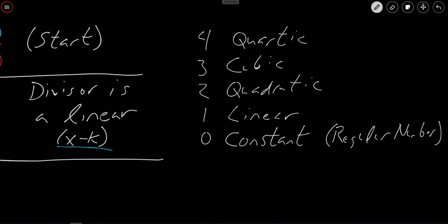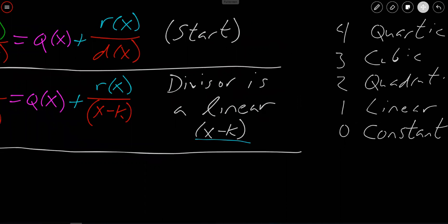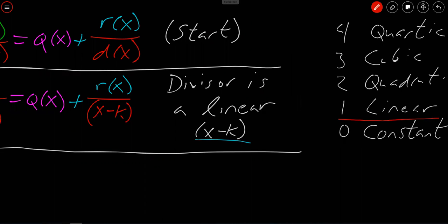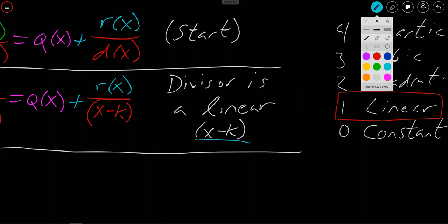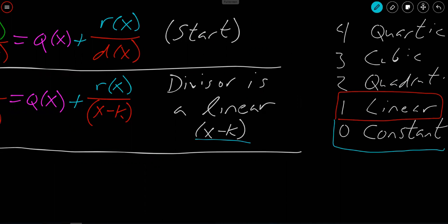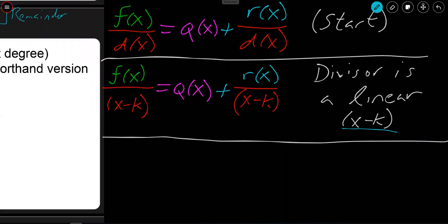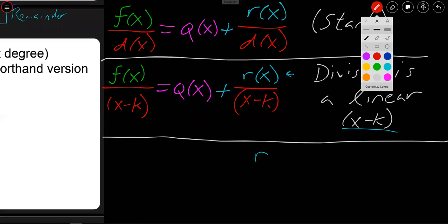Well, again, if I'm dividing by a linear, that means that my remainder is going to have to be a degree lower. It's going to have to be a constant. So what I can do then is I'm going to replace this r of x with just a constant value we're going to call r.